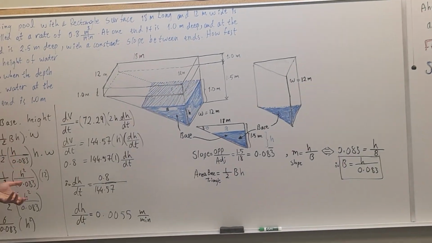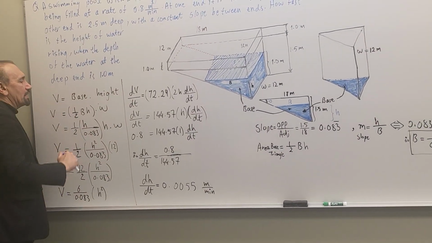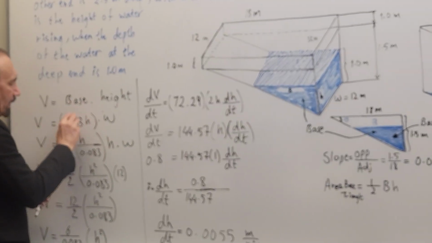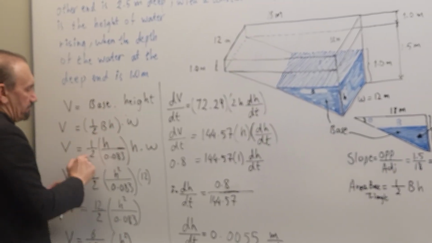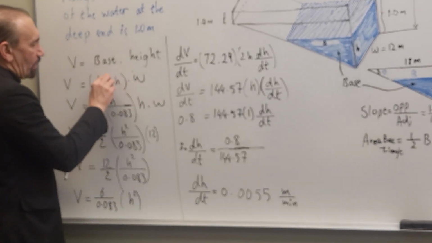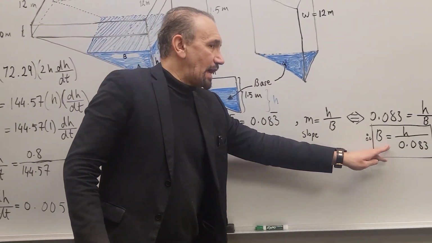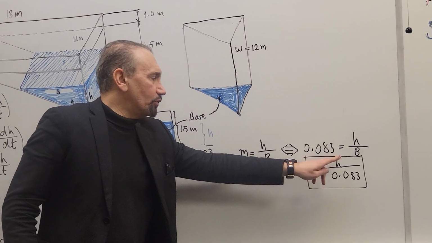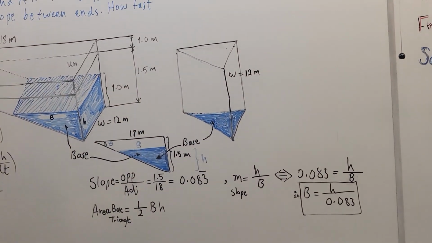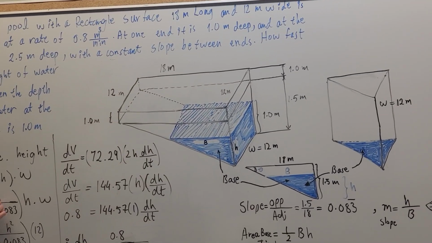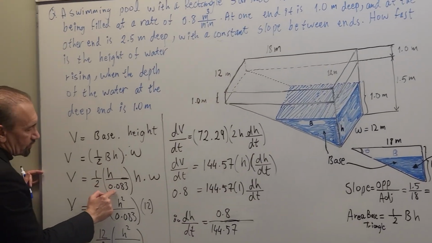In order to have one variable, I replace the b with the value I got from here, b equals h over 0.083. So instead of b, I put h over 0.083.